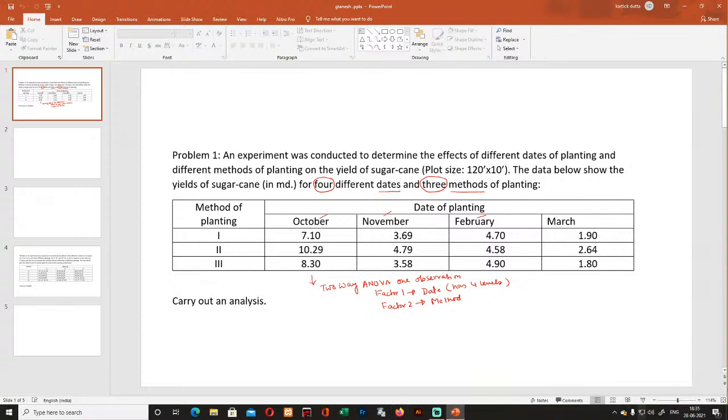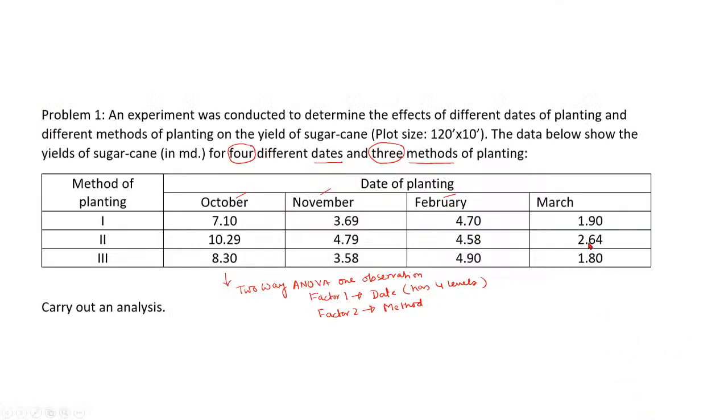So I denote Yij as the yield of sugarcane for the ith method and jth date.